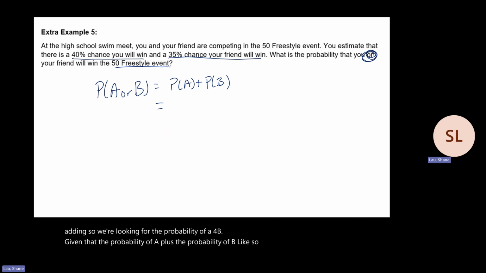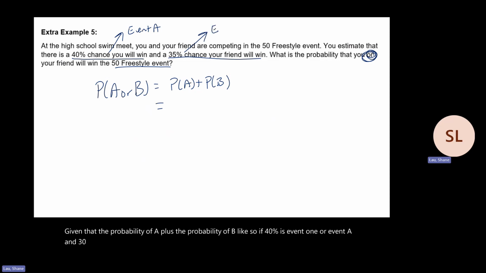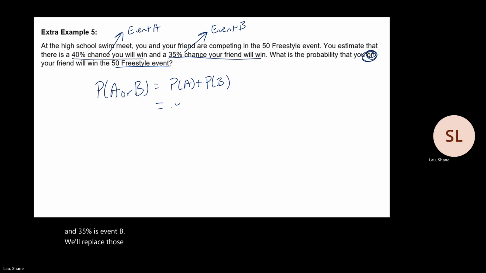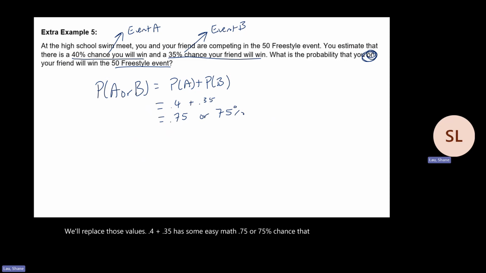Well, if 40% is event 1 or event A, and 35% is event B, we'll replace those values. 0.4 plus 0.35 has some easy math, 0.75, or 75% chance that either event A or B will be occurring. I think that's pretty simple enough. At least I hope so.